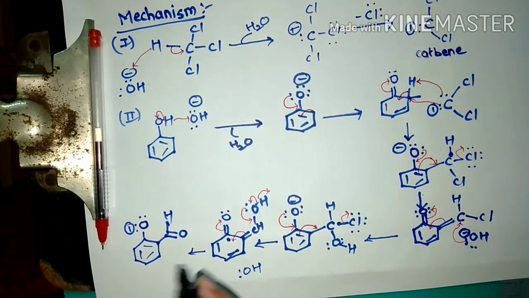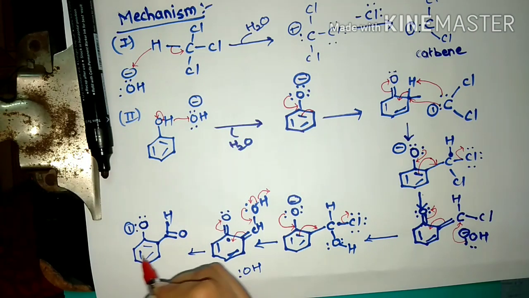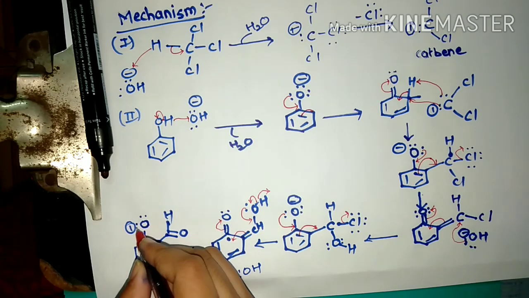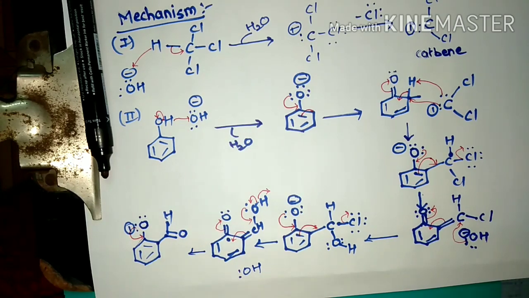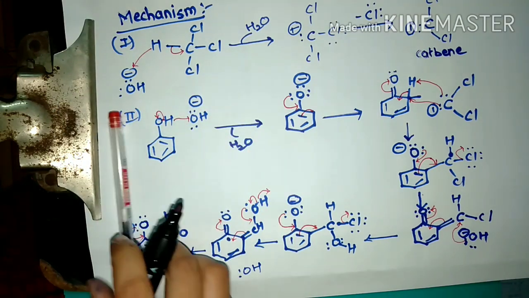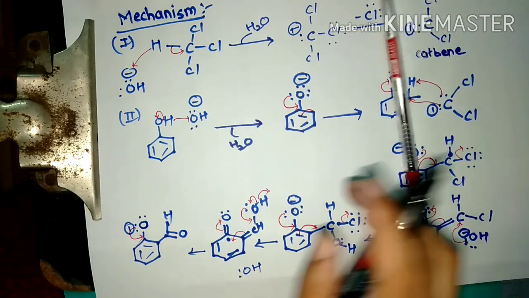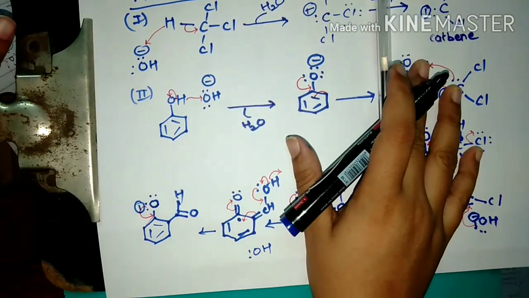Now what will happen? After formation of this, it is unstable in nature, so it gives its electron to the benzene ring, and there will be formation of phenol. Now here only I will try to draw this structure.